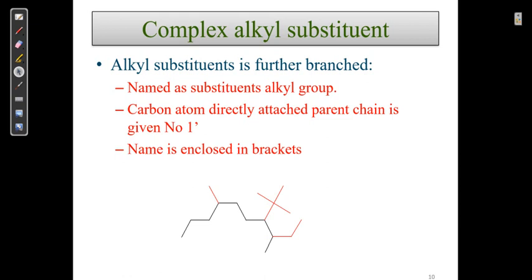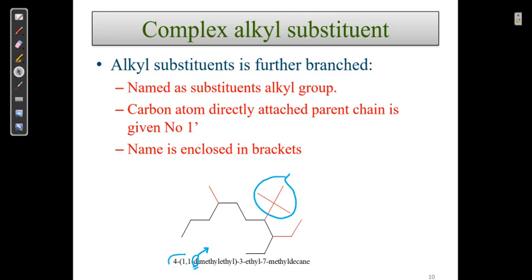So the name is enclosed in the bracket. All these things we have seen. If you see, this is a more branched one. I will show you how to write this. So this is 1,1-dimethyl. But dear student, in case of a bracket or a branching where a student hides in the branch, then we have to give the alphabetical order, that is this di. Because in a branch, when you go to the faculty and they ask you whether Suresh is there, the chances of hiding in this complex part are more.